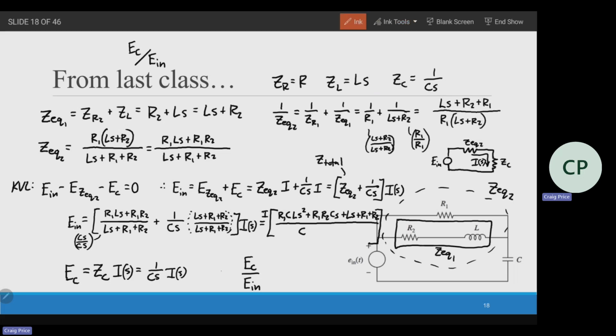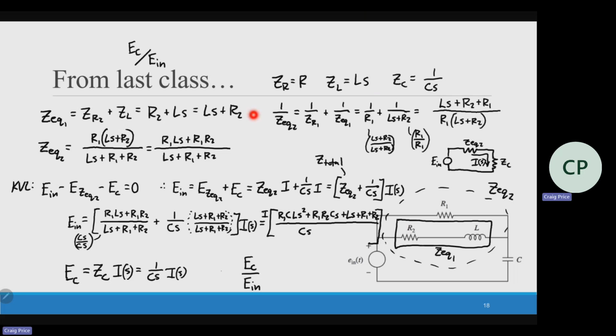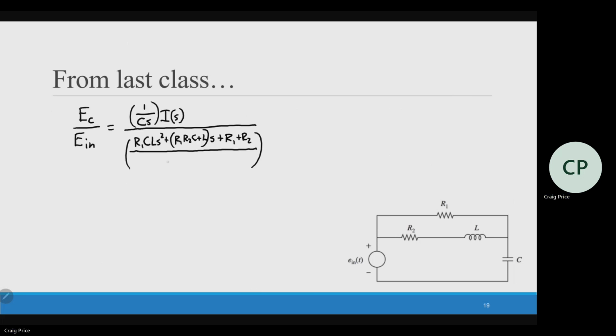So if I have CS times LS plus R1 plus R2, that's what I'm going to put in here. CS times LS plus R1 plus R2.